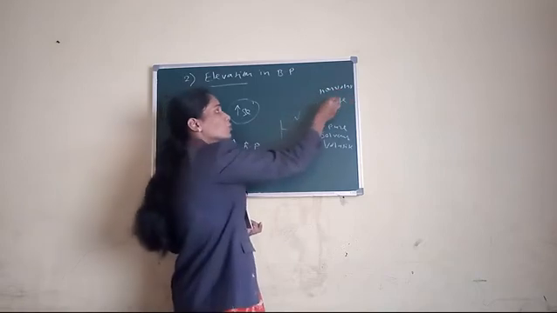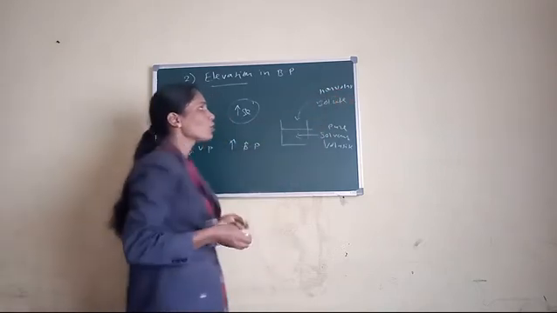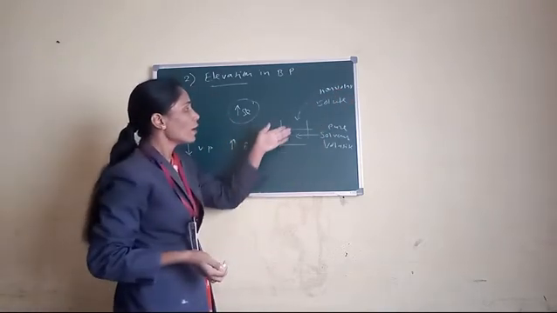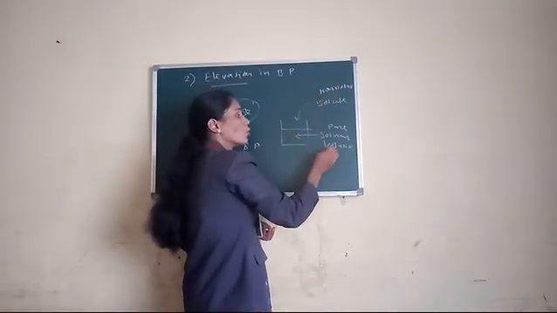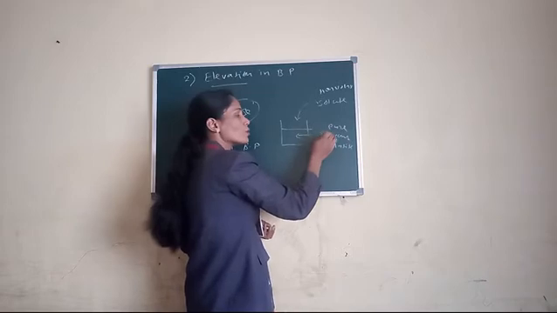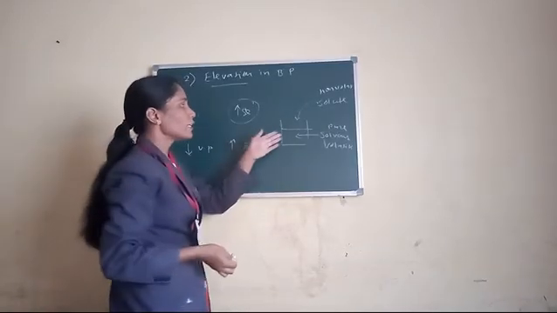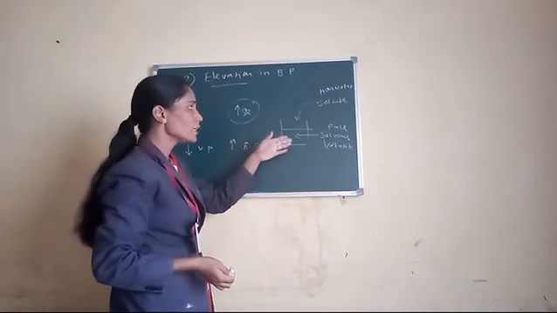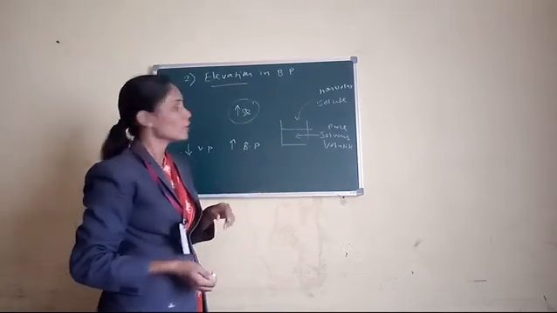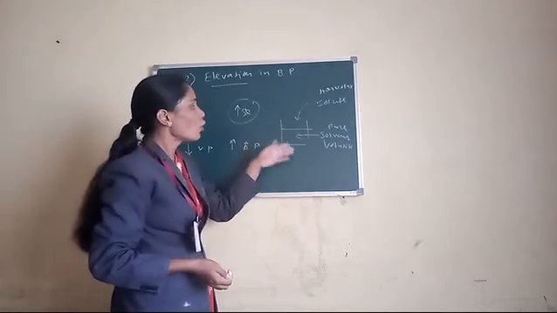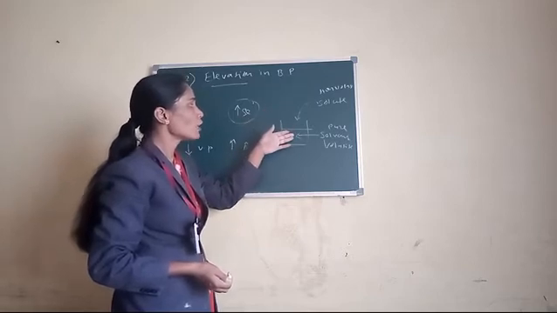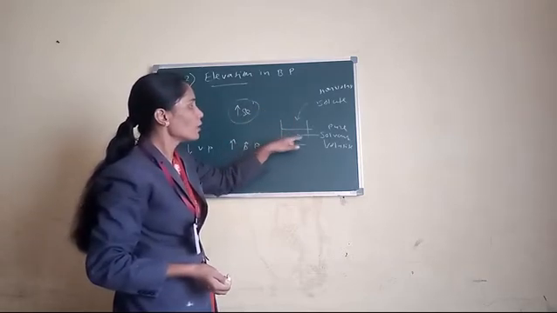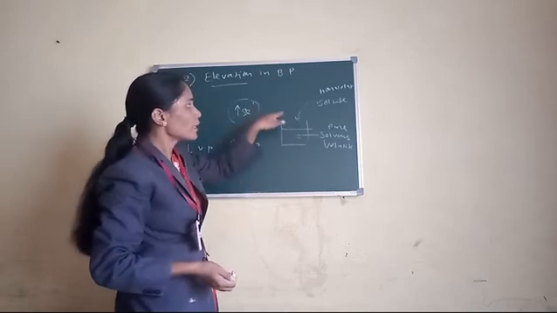But after addition of non-volatile solute, the volatility of the pure solvent decreases. Volatility decreases means it does not get easily evaporated. Means at low temperature it does not get evaporated. That is, equilibrium is not established between the liquid and atmospheric gases.